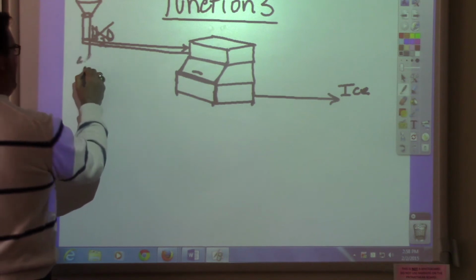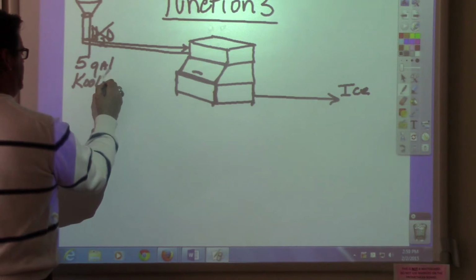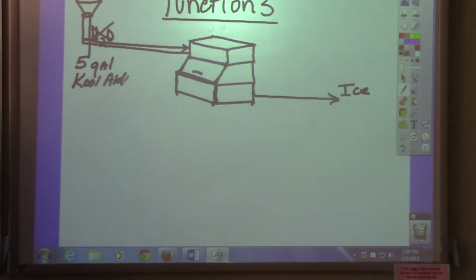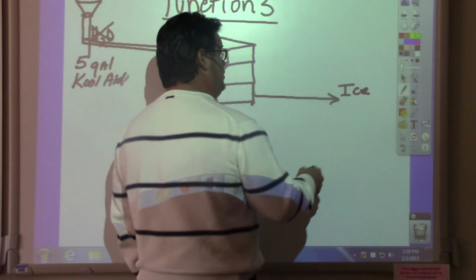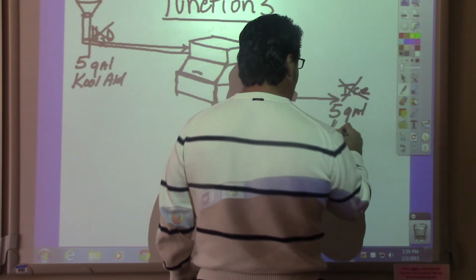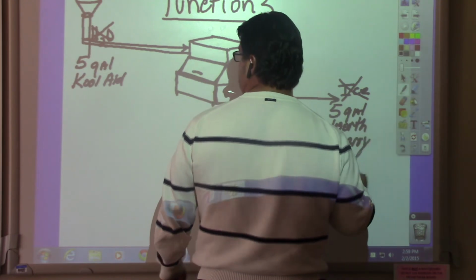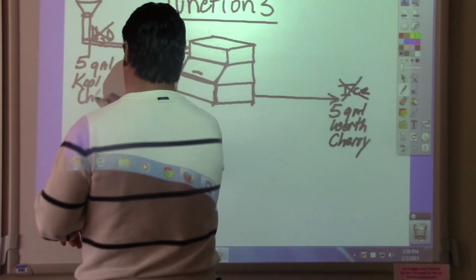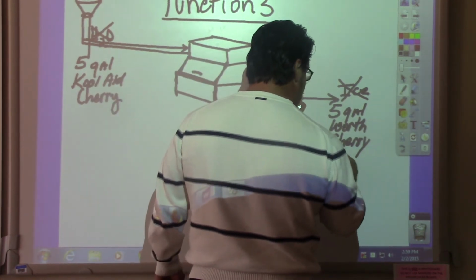I want you to pour 5 gallons of cherry Kool-Aid. Then what will we get out? We won't get ice, we will get what? Kool-Aid cubes? We will get 5 gallons worth of cherry Kool-Aid. Because I like cherry. And cherry and grape, that's kind of like cherry ice cubes.